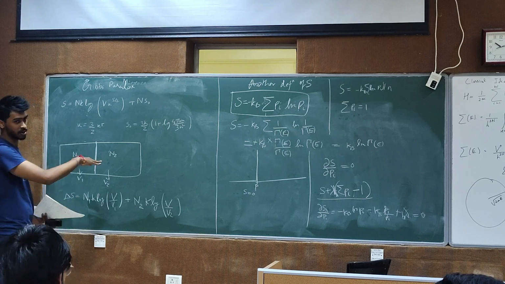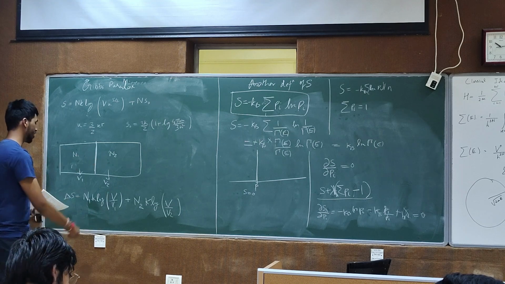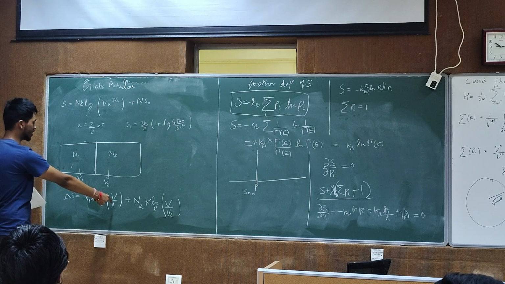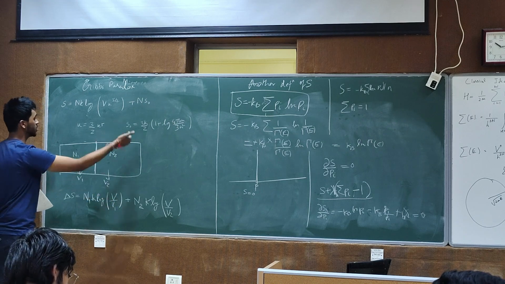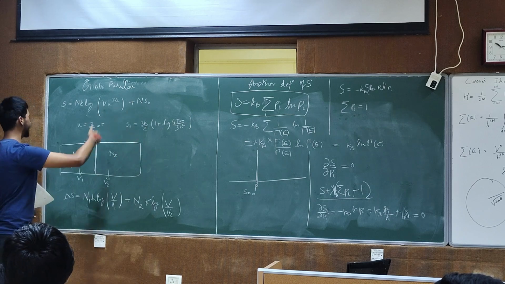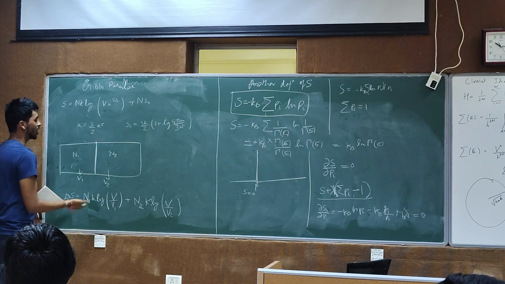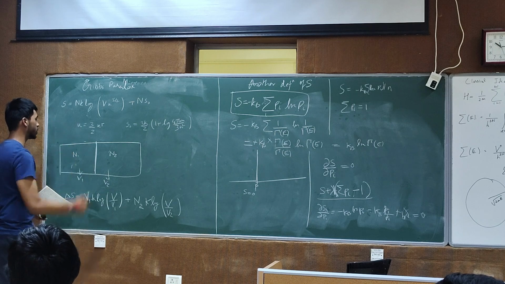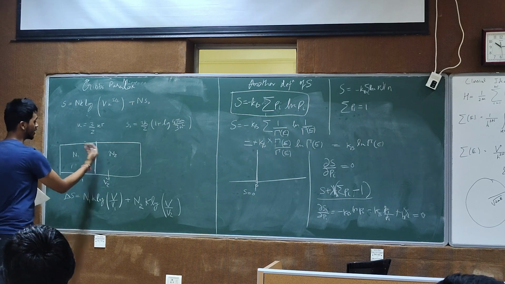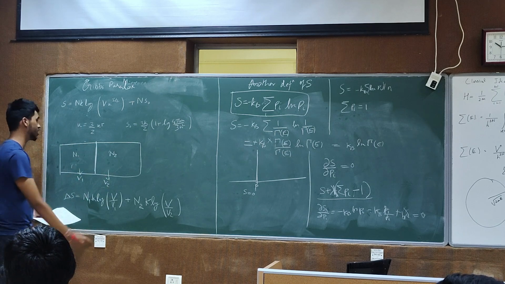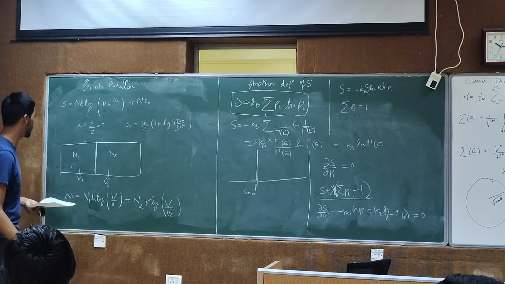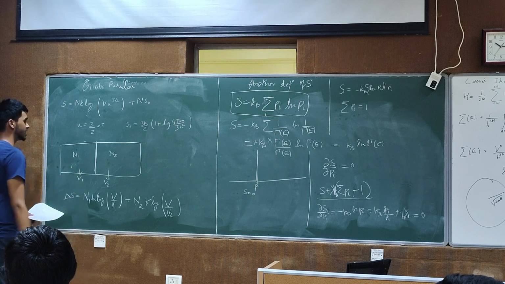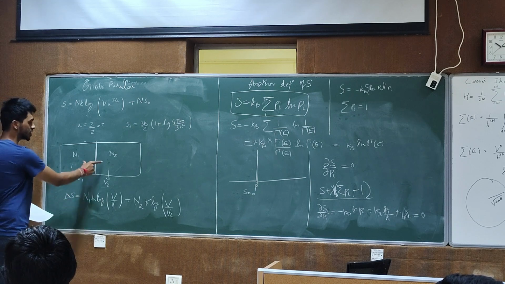So this is a paradox, because there is no term which makes the increase in entropy zero when you just remove the partition. It doesn't matter what gas you have in these two, you always have an increase in entropy. So there should be something which causes this change in entropy to be zero when these two are the same gas.